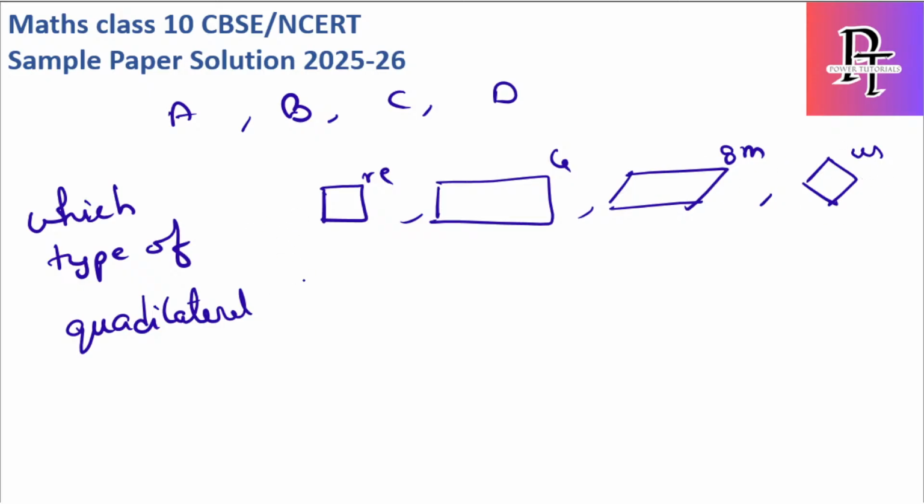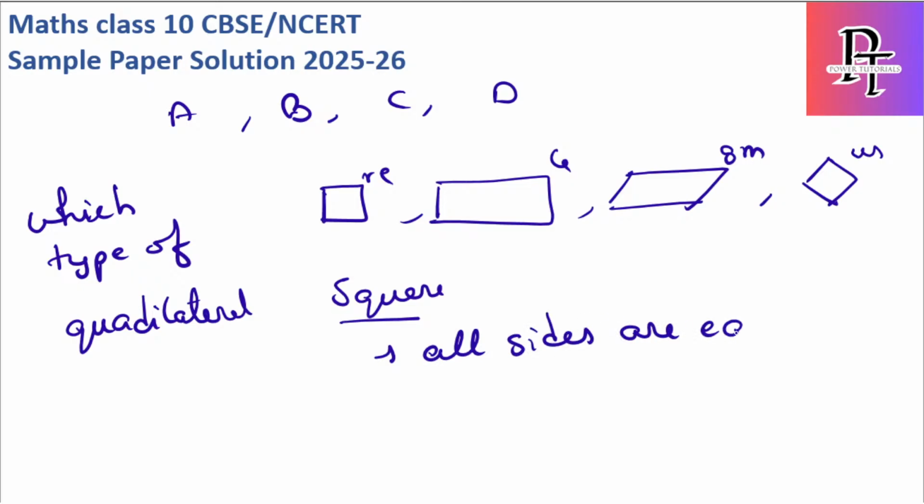For square, and we'll cover one by one, all sides are equal. At the same time, all diagonals are equal. Diagonals are only 2, so both the diagonals are equal.